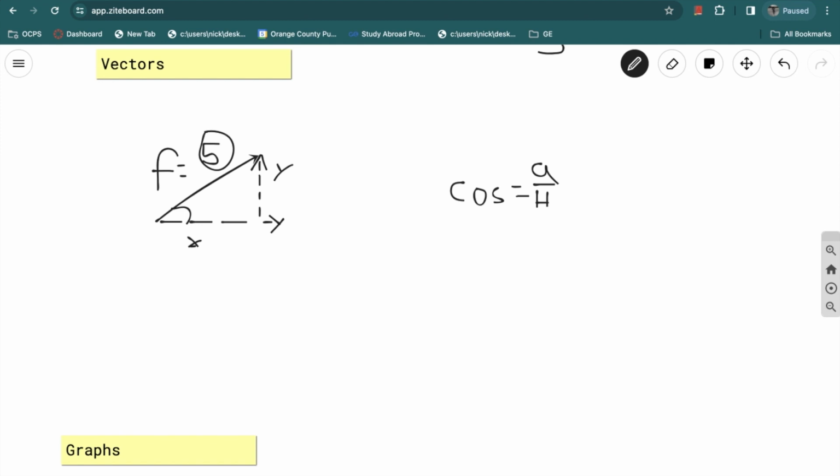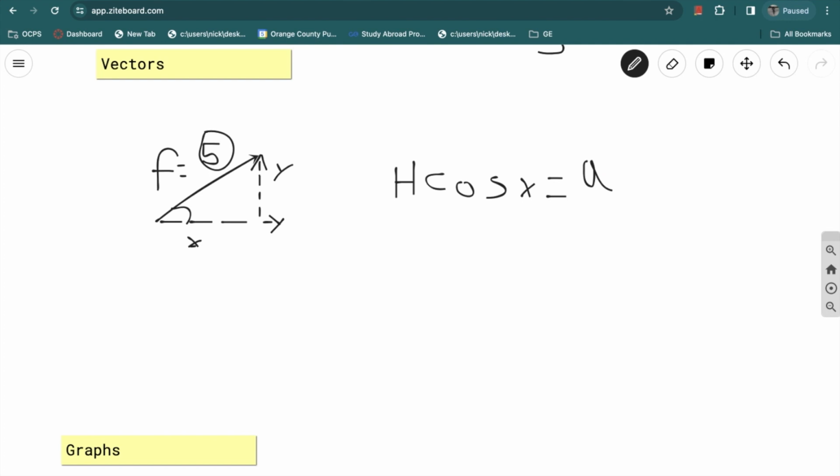If this is dividing, we multiply by h on both sides. The way I like to think is you just carry this over here and multiply it because it's dividing, right? And so this actually cancels. Let's rewrite it: h cosine x equals adjacent.